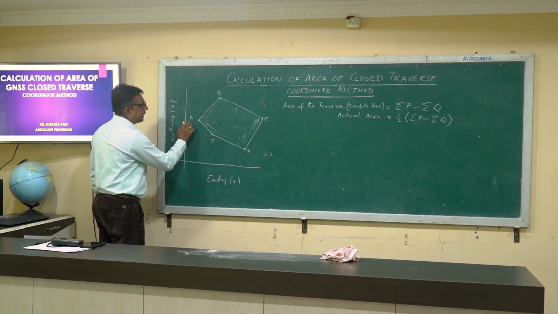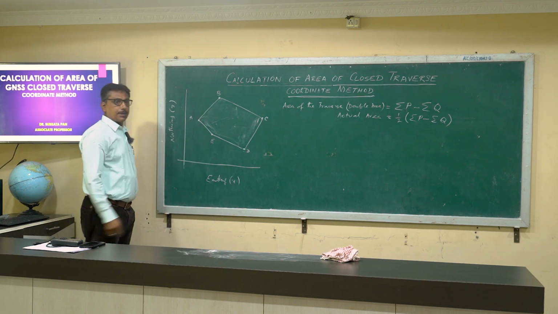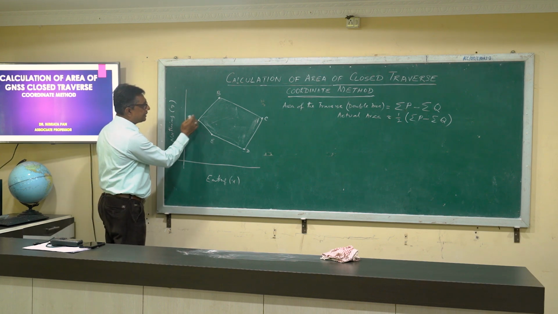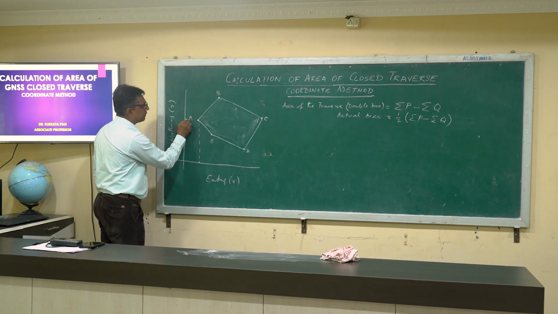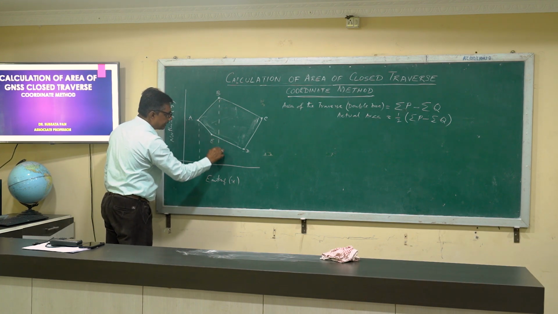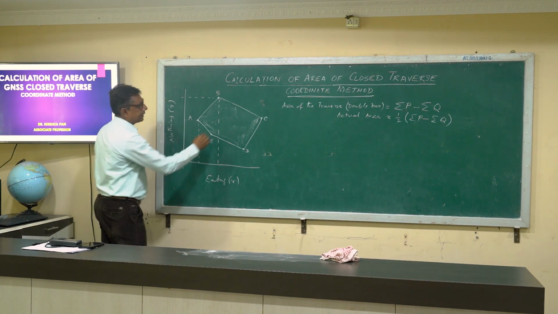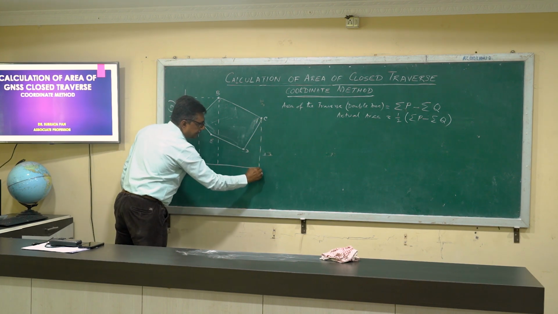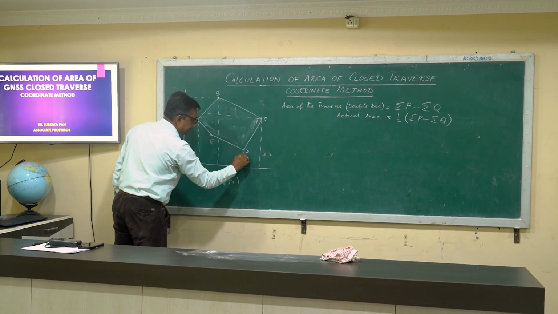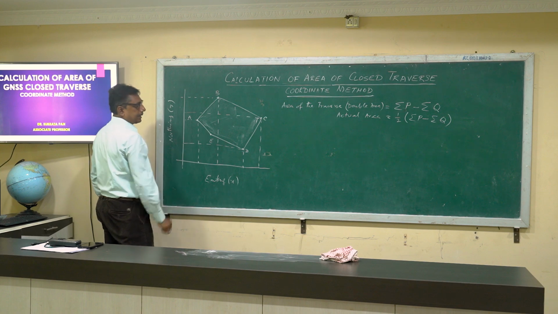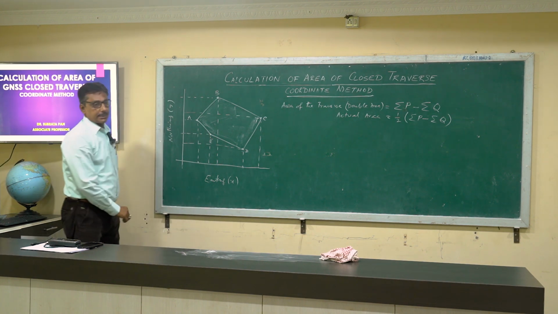As you know, the points A, B, C, D and E are all combinations of some coordinate values. Like A is represented by a certain value of x and a certain value of y. B is again represented by a certain value of x and a certain value of y. Now C is again represented by a certain value of x and a particular value of y. D is again a combination of x and y, and E is again a combination of x and y.